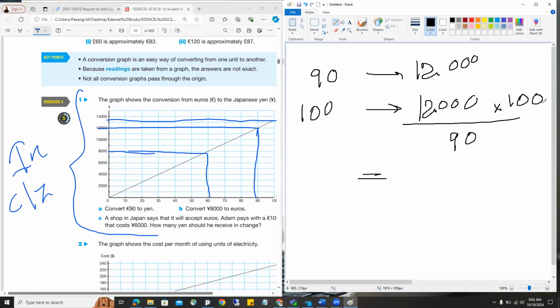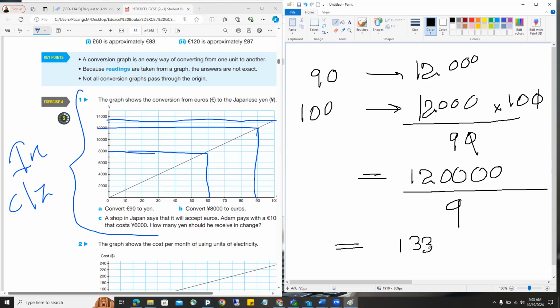Then 12,000 into 10 divided by 9. What is the answer? Dividing 12 by 9 gives 1, then 3, and so on. It comes to 13,333 yen.